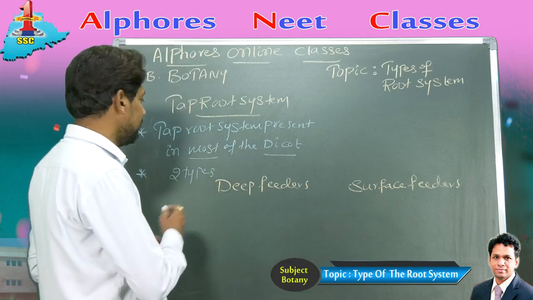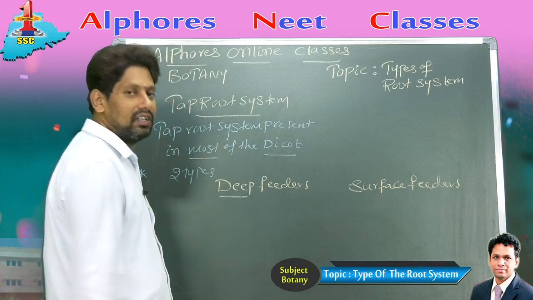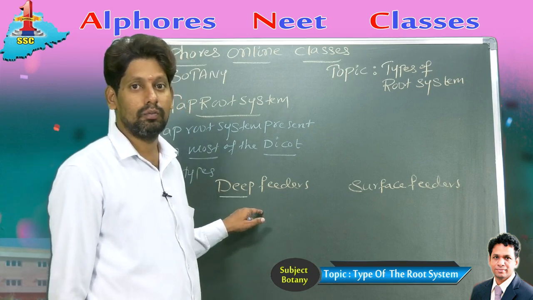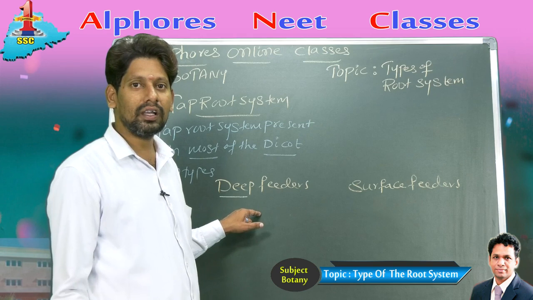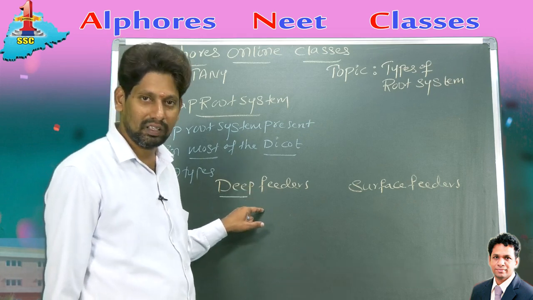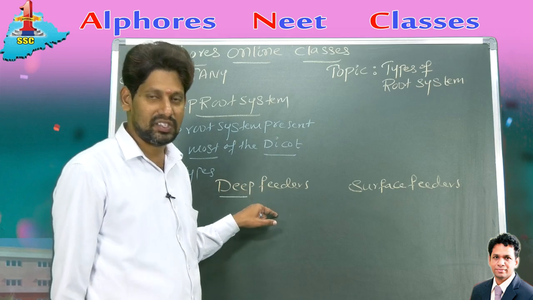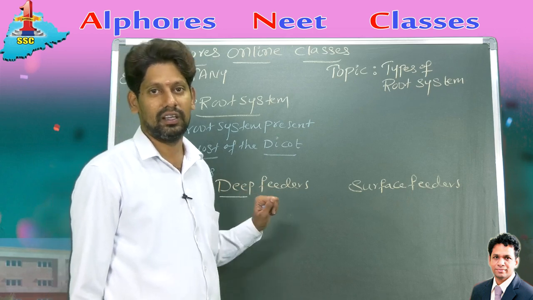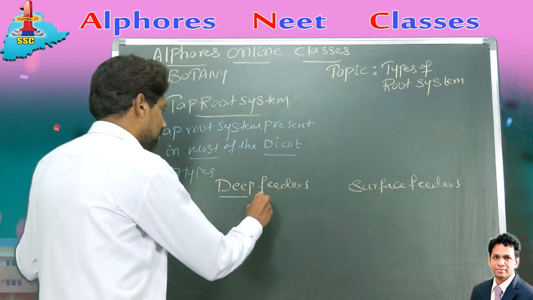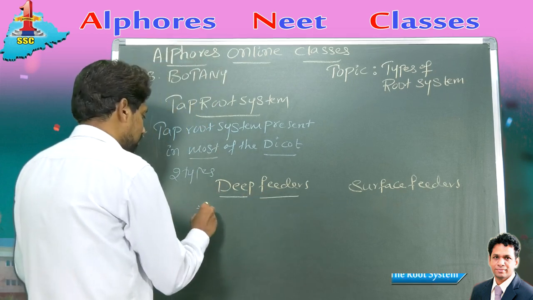The name itself indicates deep feeders. It means here the taproot elongates more. Therefore, an elongated taproot is present. As the taproot is more elongated, the root penetrates into the deeper layers of the soil.